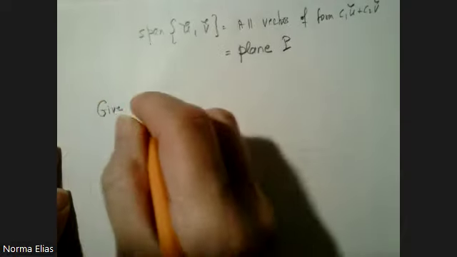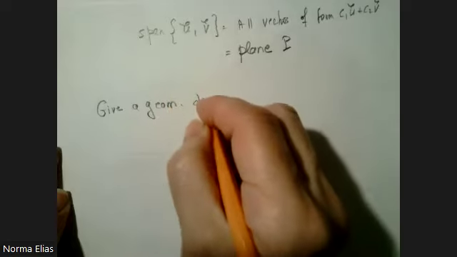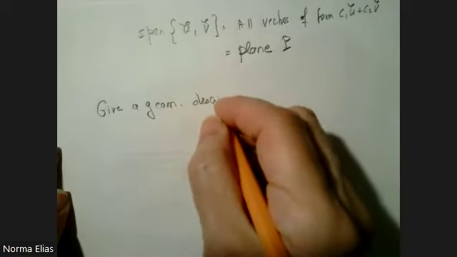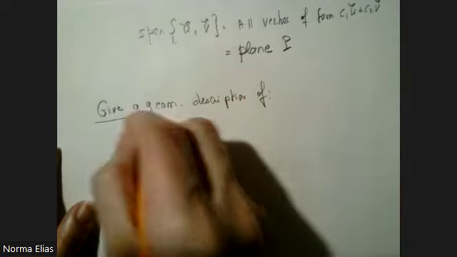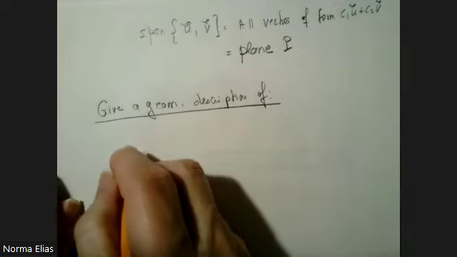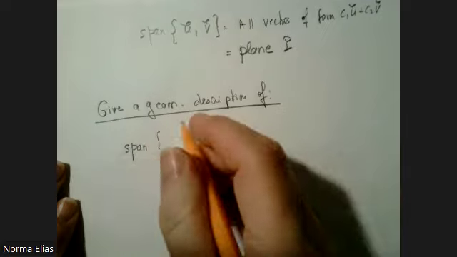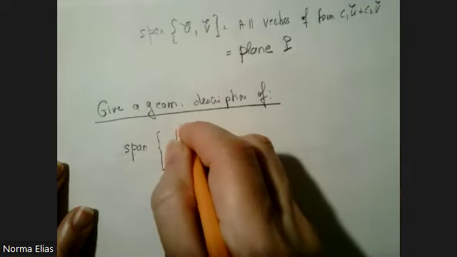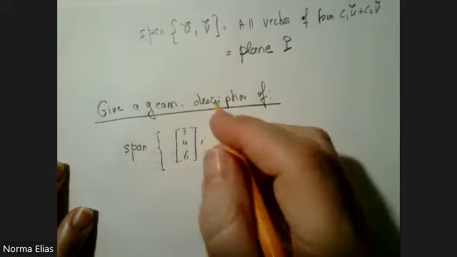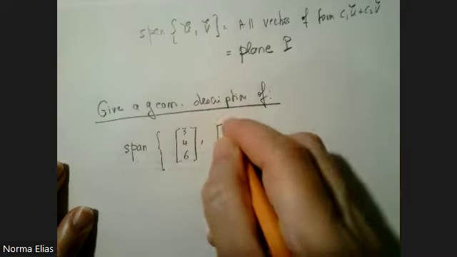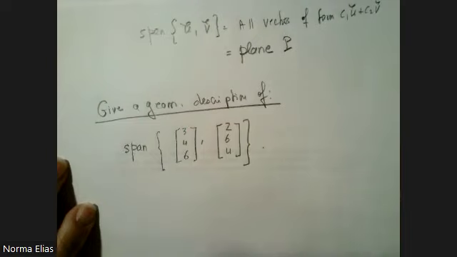Give a geometric description of the following. Span of (3, 4, 6) and (2, 6, 4).